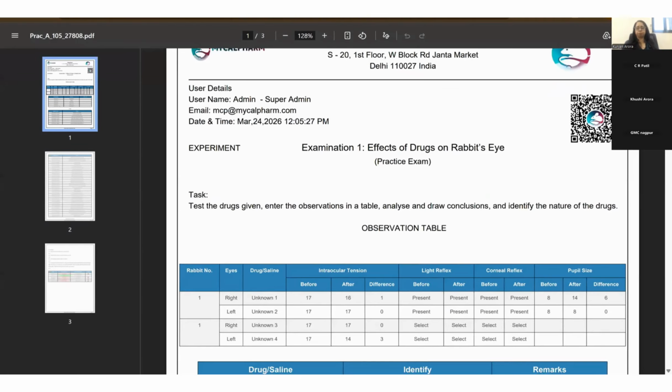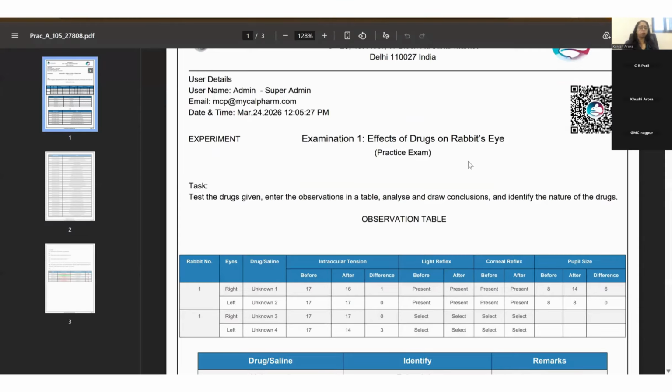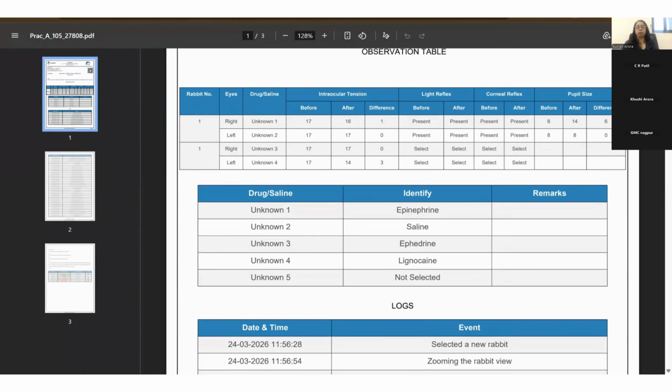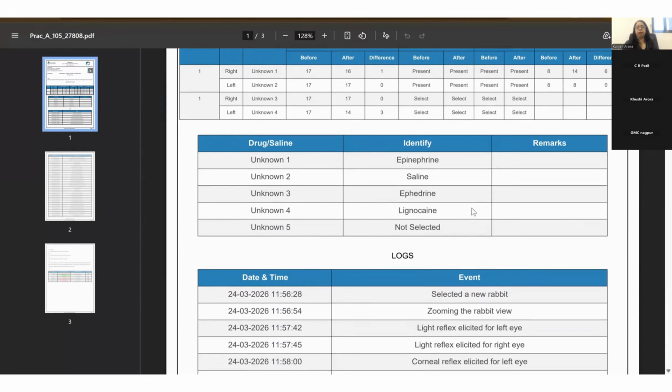Let me open one PDF. This is the PDF which I've made as a student. My student name will be there, email ID, name of the experiment, and whatever the student has done in the observation table will come in the PDF.